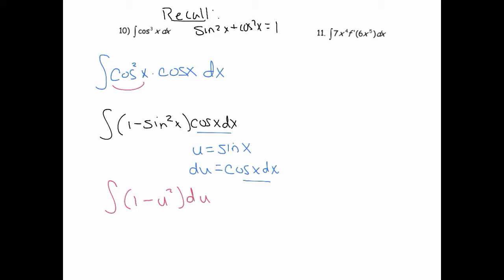This integral we can totally solve, because the antiderivative of 1 is u, and the antiderivative of u squared is 1/3 u cubed plus c. And so this is equal to sine of x minus 1/3 sine cubed of x plus c.